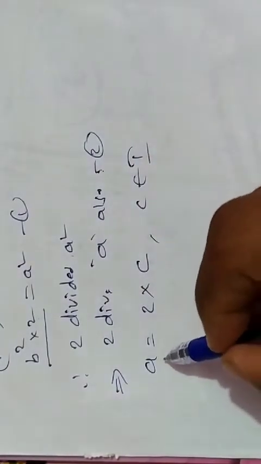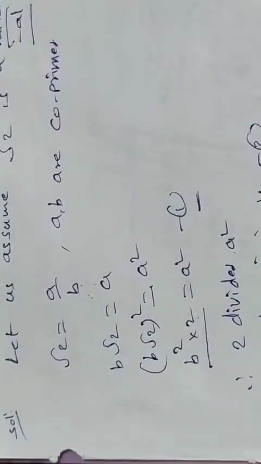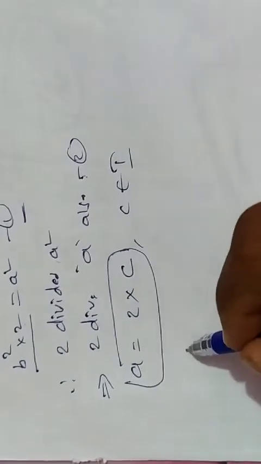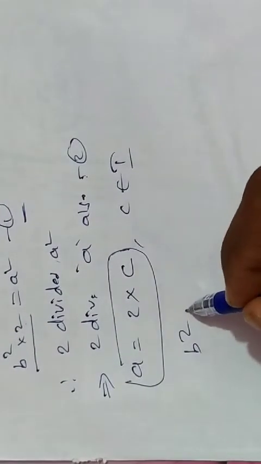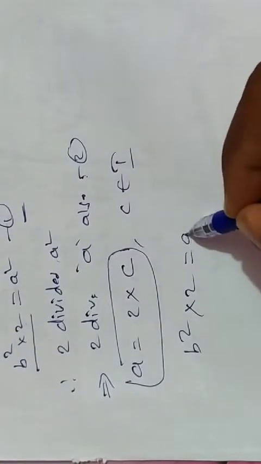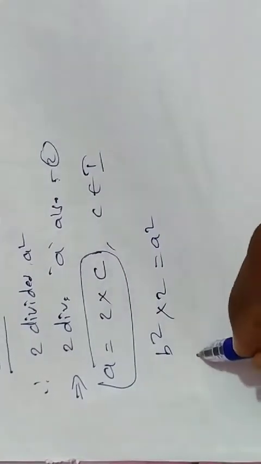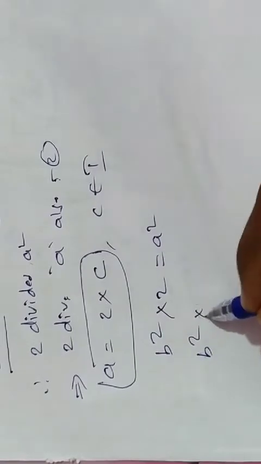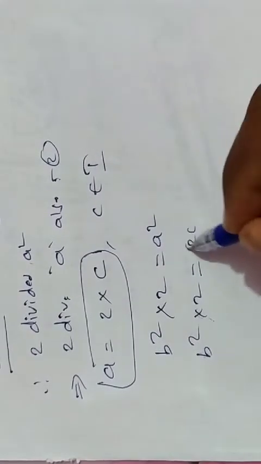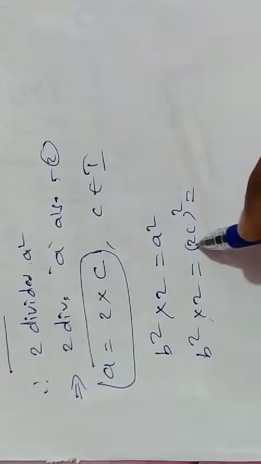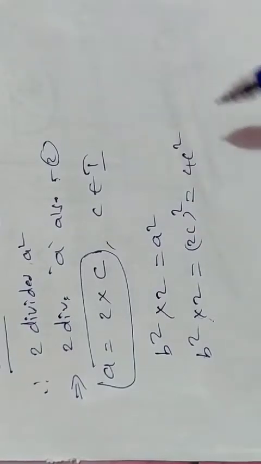Now this value we substitute in equation 1. So equation 1 is b square into 2 is equal to a square. What is the a value? 2c. So b square into 2 is equal to 2c whole square, that is 4c square.